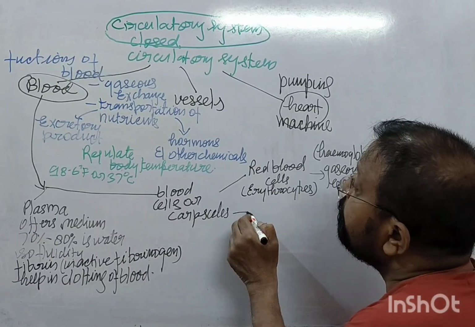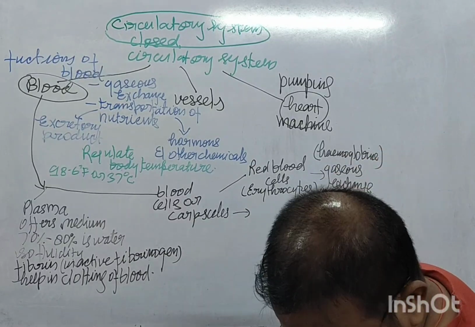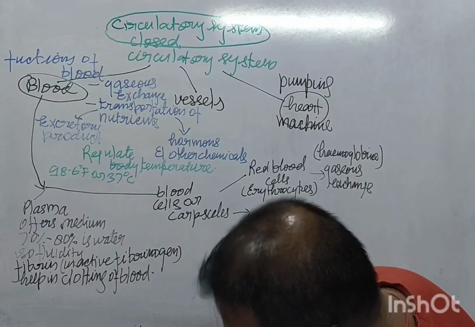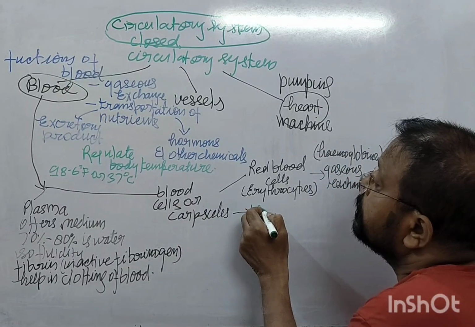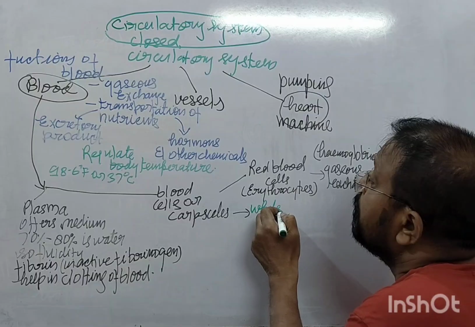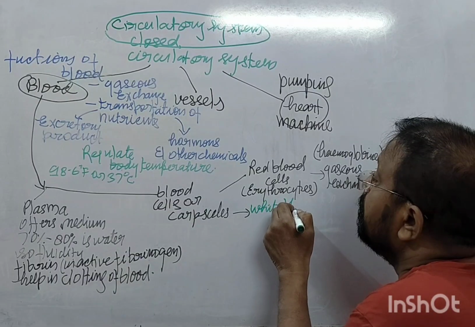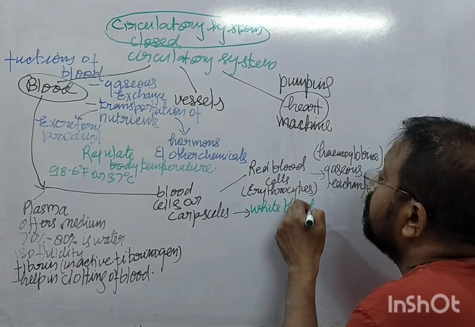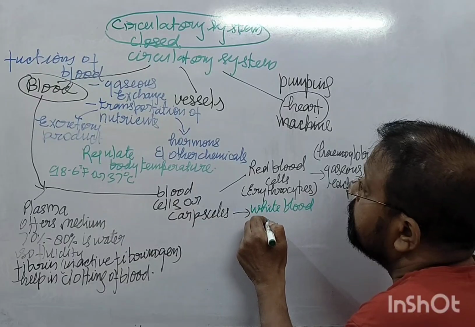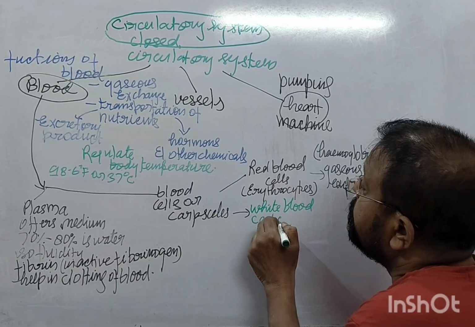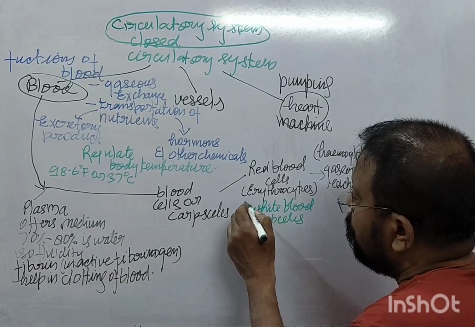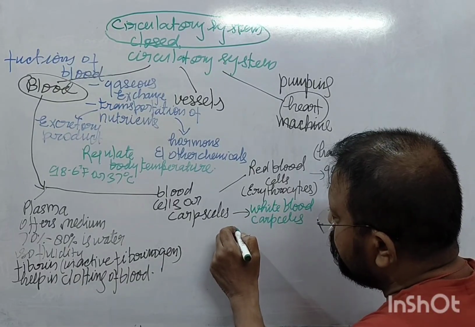The second one we have is white blood corpuscles. White blood corpuscles means leukocytes.